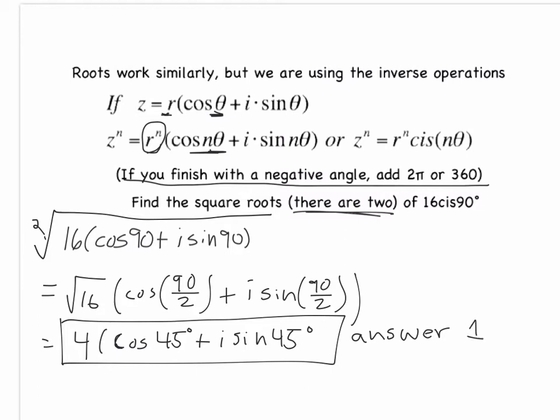But it says for square roots there's going to be 2 answers, or if you were doing cube roots there would be 3 answers, or fourth roots there would be 4 answers. Well, if we're going to find the other answers, we need to look on other parts of the circle. And our other answers are just distributed evenly.